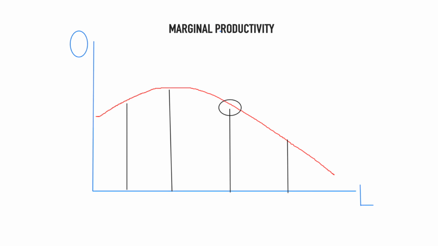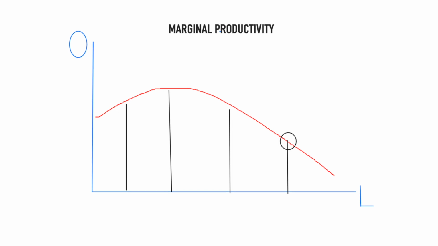But now as we go further, that output relative to labor seems to be dropping. And that's because after a certain point, adding more labor won't increase productivity. You'll be hiring more labor, incurring more labor costs, but you won't be getting that same output relative to the amount of workers as you did earlier on.